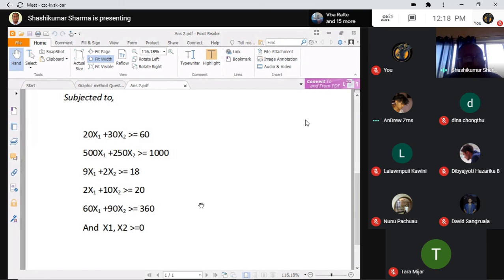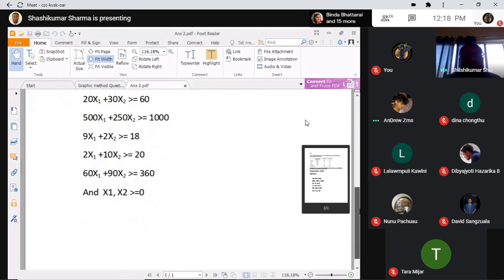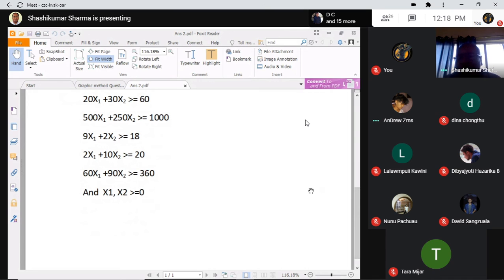The shading will be on the other side, not where 0, 0 is. You can find out from the internet how it is drawn and so on. And you send me the solution, and I'll put up this question in the LMS.